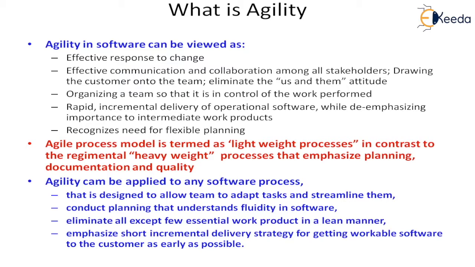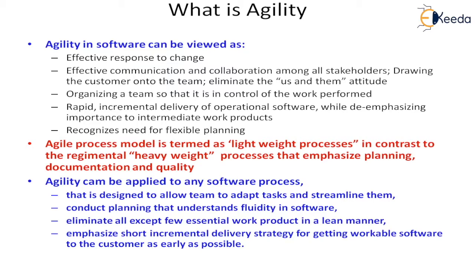Agility can be applied to any software process provided it has these characteristics that we have noted here. It is designed to allow the team to adapt tasks and streamline them. Not only that, we should adapt to the tasks, and also we have to streamline them to be able to produce the increment.